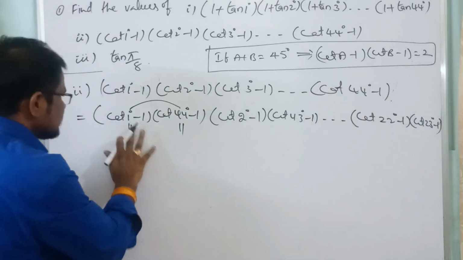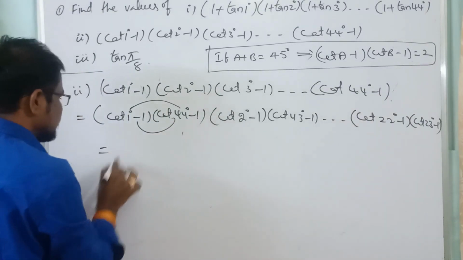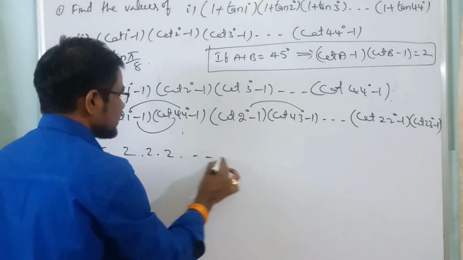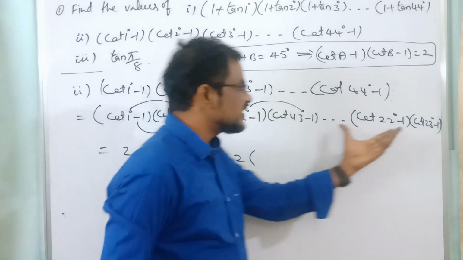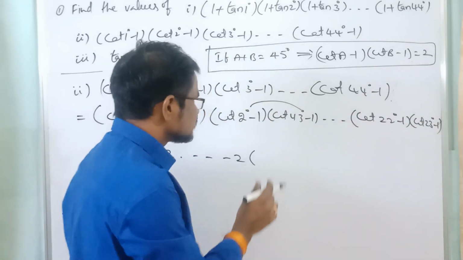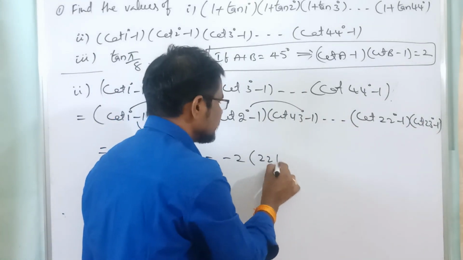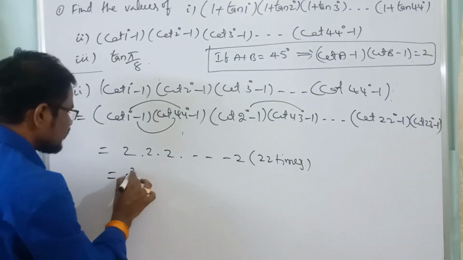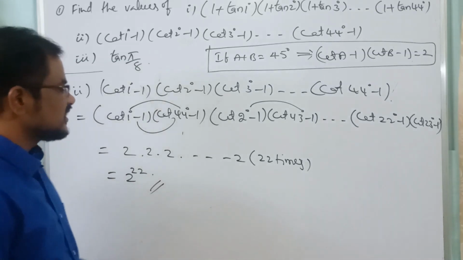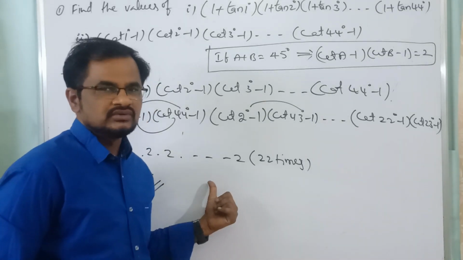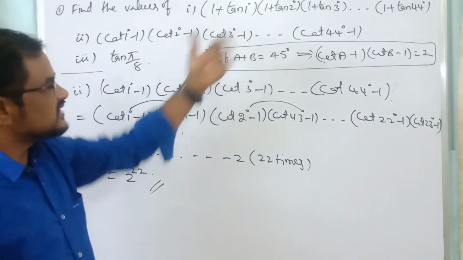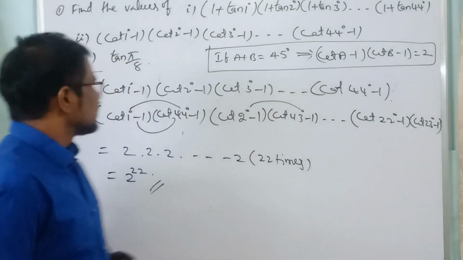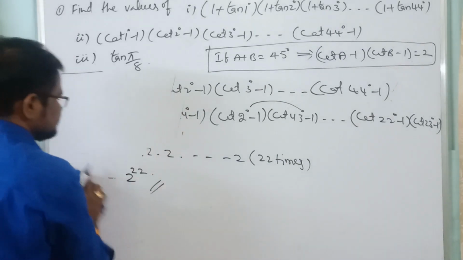So here this pair gives the value 2, and this pair also 2, into 2, etc. Here also how many times? In total 22 times, right? So that is equal to 2 power 22. So this value is also 2 power 22. So by using this condition, simply we can find the value of the given series. Next, the third one.